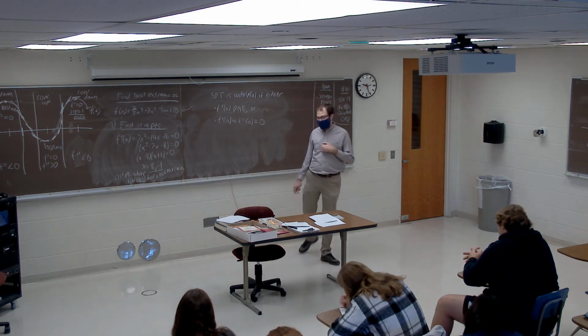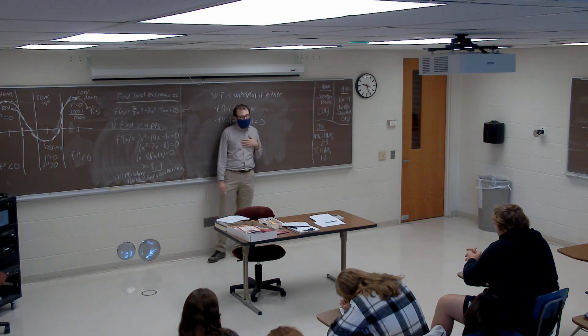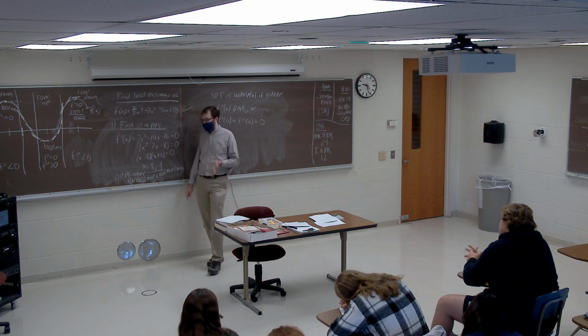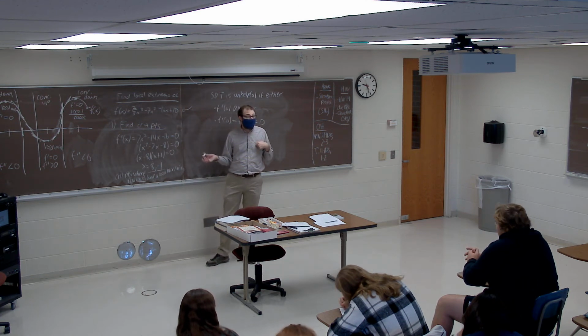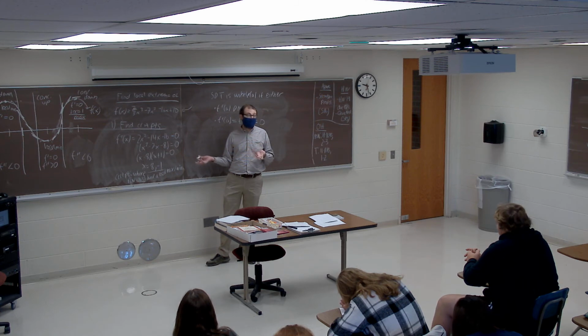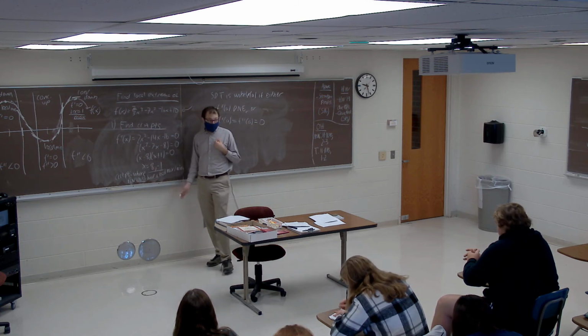I say could because we don't necessarily know yet if we have a max or a min. What I want you to notice is that so far, everything we've done is exactly the same as if we were going to use the first derivative test, because you use the same procedure of starting by finding your critical points.